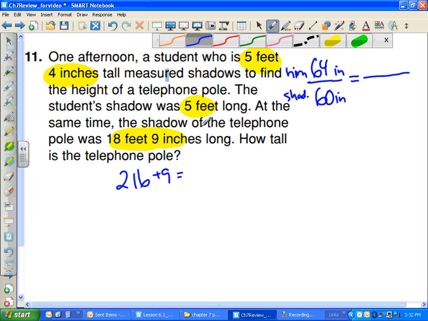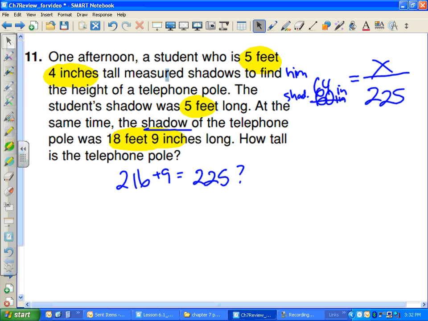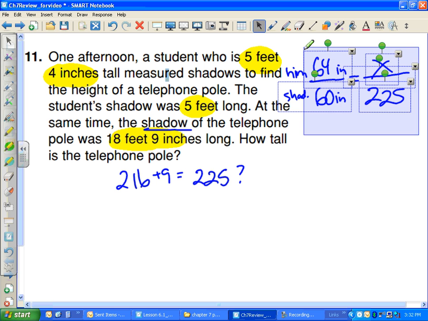So this is for the shadow. The shadow is 225. I'm going to put it in the same spot as this other shadow, so I'm going to have 225 right there, and I'm trying to find out how tall that thing is. So now I have my proportion set. Let me bring this down.